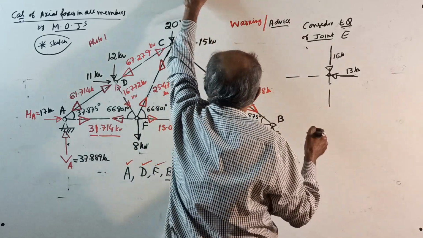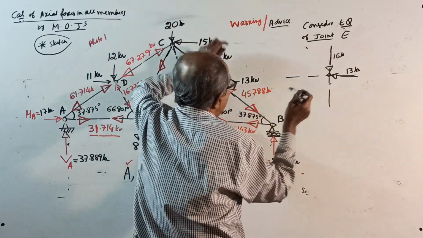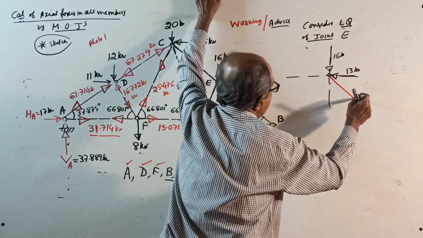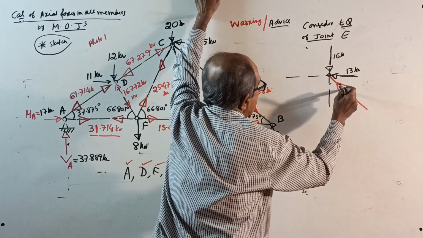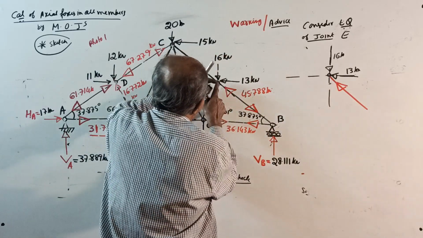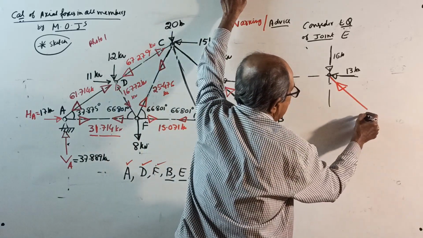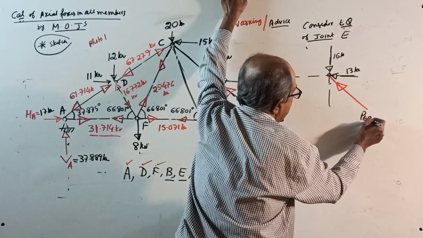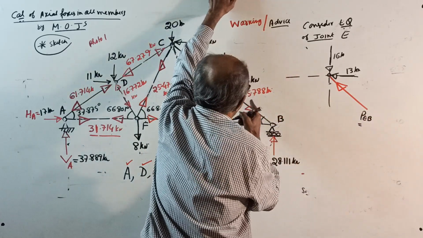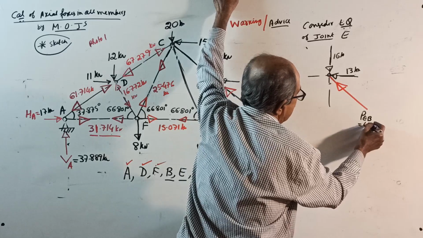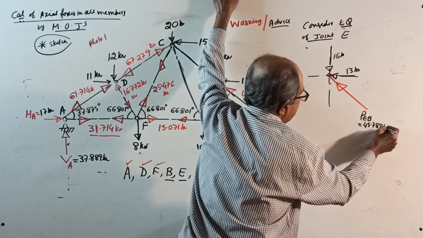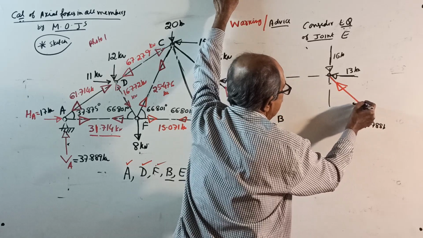Okay. Then 1/4 this way. See, coming this way. It is a known force. PEB equal to 45.788 kilonewton. See, this way and this way.